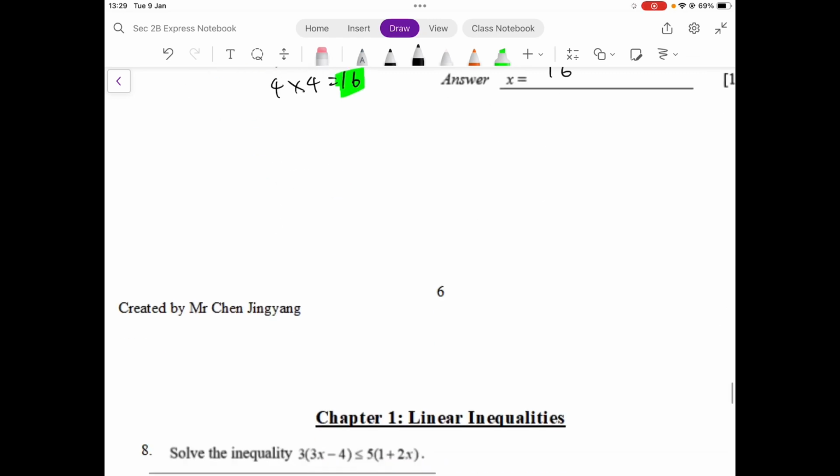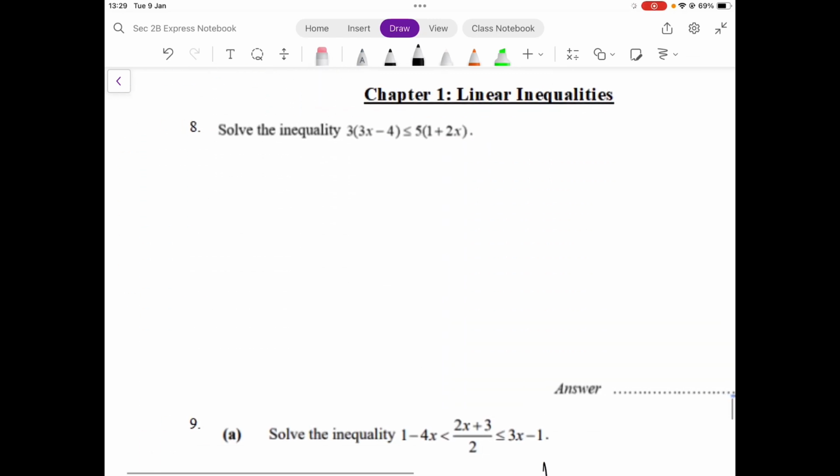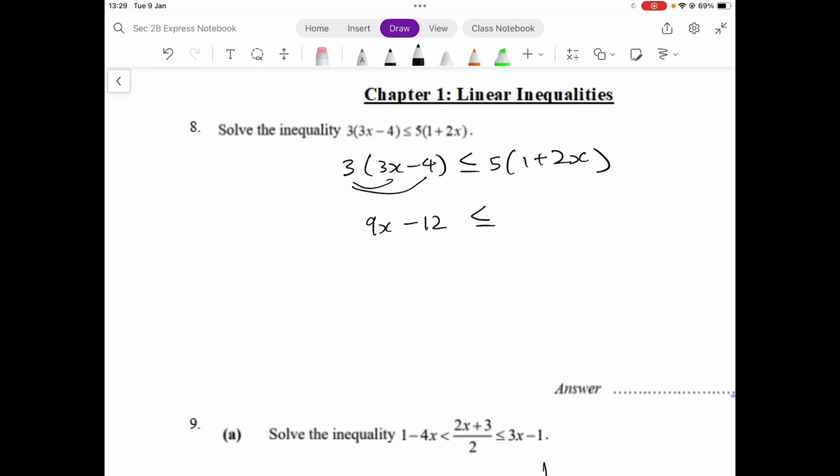Alright. Okay, next one. Solve the inequality. 3x minus 4 less than equals 5, 1 plus 2x. Expand. You get 9x minus 12 less than equals to 5 plus 10x. Alright, so looking at it, 10x, 9x.